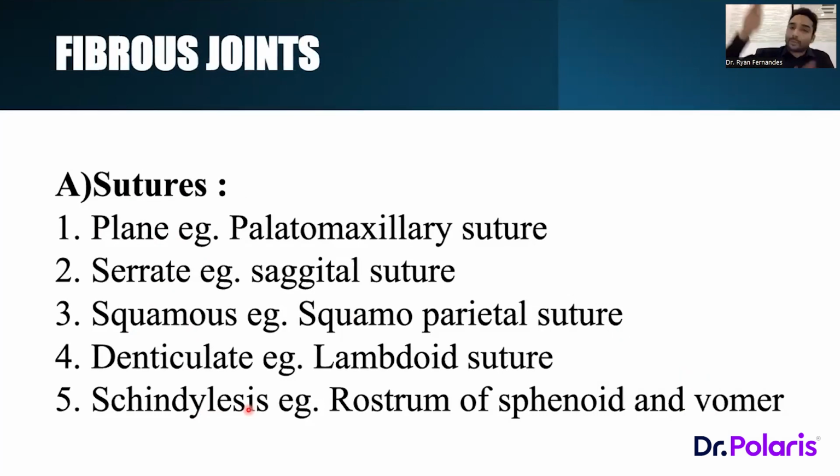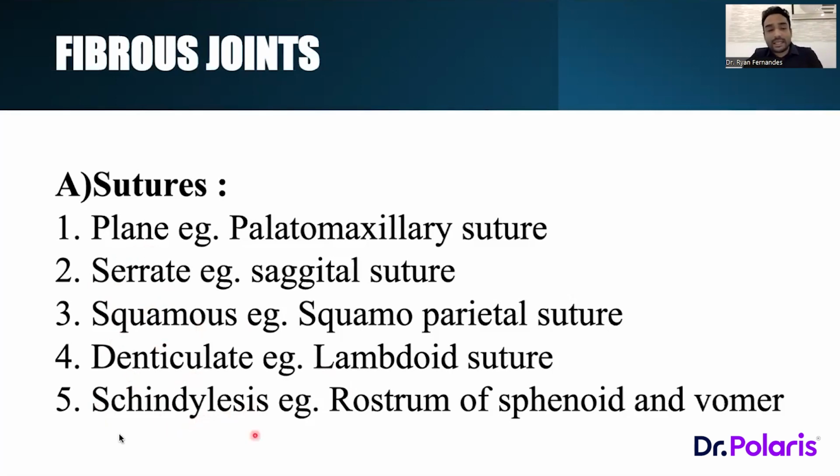In solid joints, we have fibrous joints as well as cartilaginous joints. In fibrous joints, we have the sutures, gomphosis, and syndesmosis. In sutures, we have plain, serrate, squamous, denticulate, and sindesmosis.